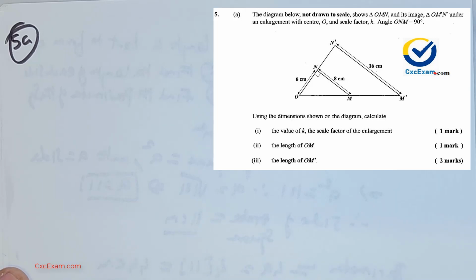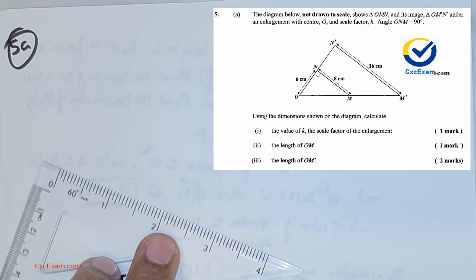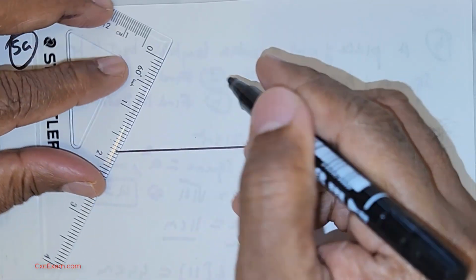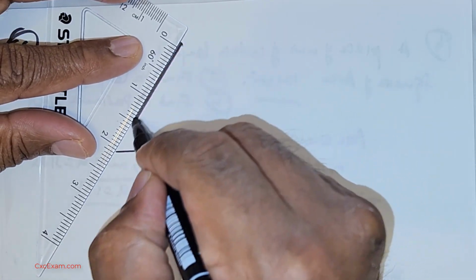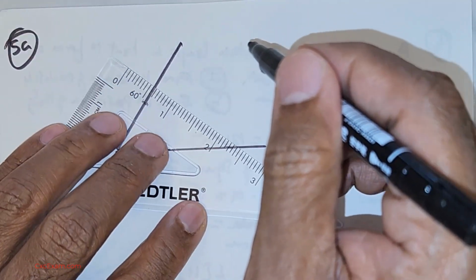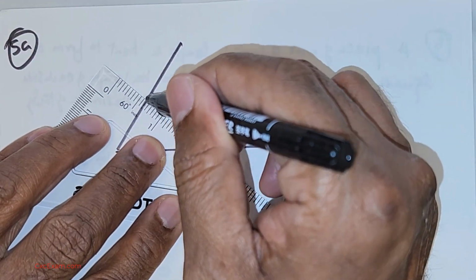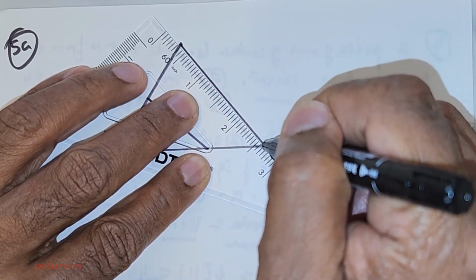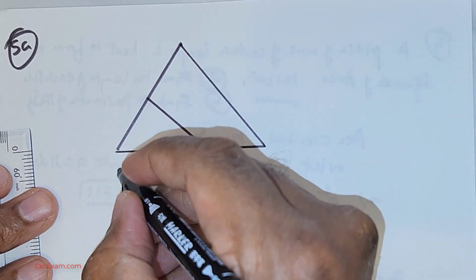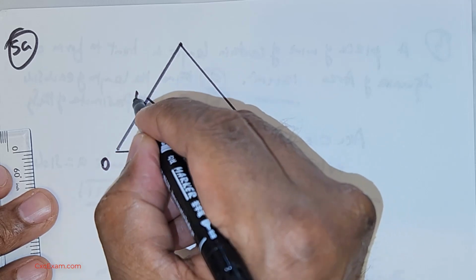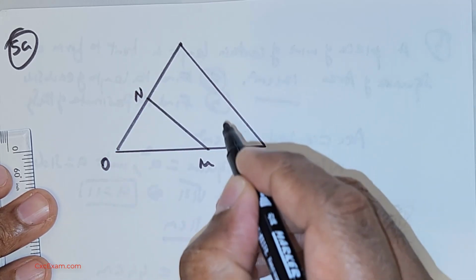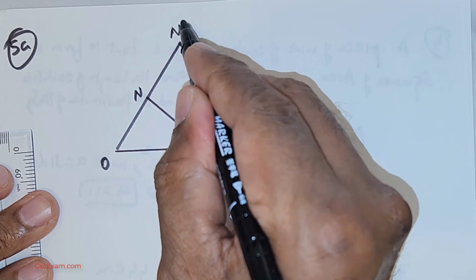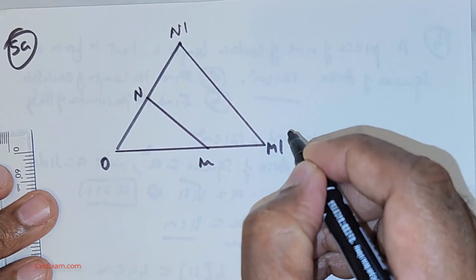Okay, this is question 5a. We're given a diagram. Let me draw the diagram. This is O, N, M, O, N dash, M dash.